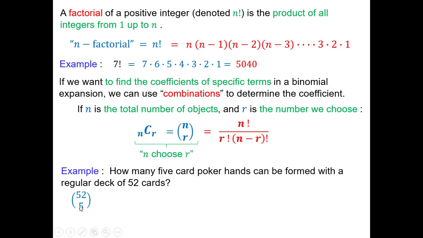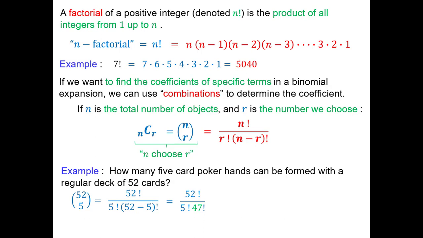And by working this out with our factorials, we can see that 52 factorial goes in the numerator, 5 factorial goes in the denominator, and 52 minus 5 factorial also goes in the denominator. So the first thing we do is recognize that 52 minus 5 is 47, and now because of these factorials, we would have to start multiplying 52 times 51 times 50 times 49 all the way down to 1.